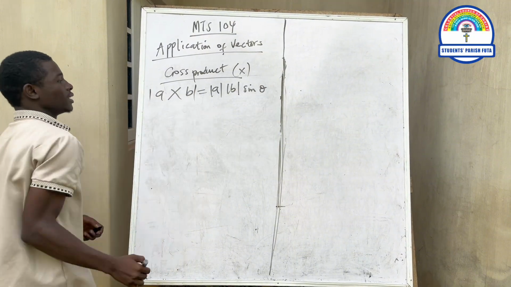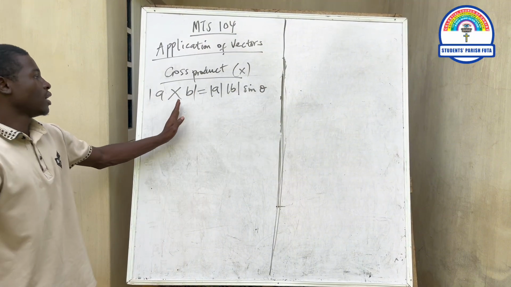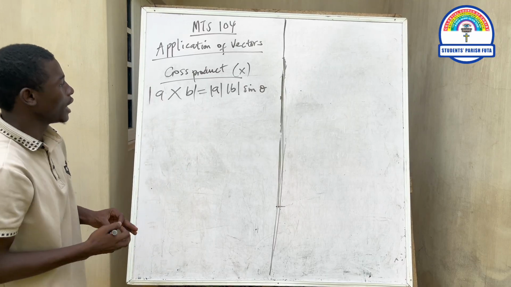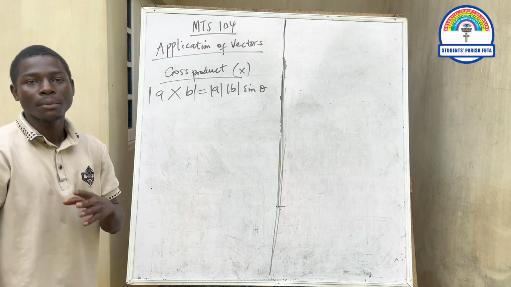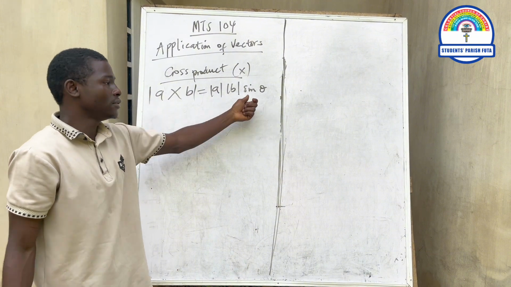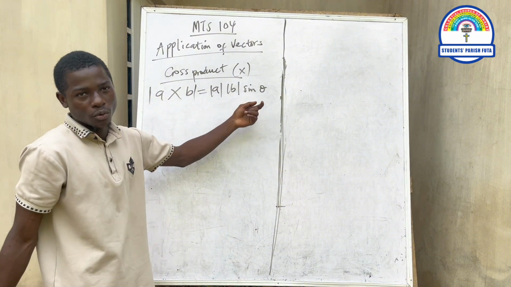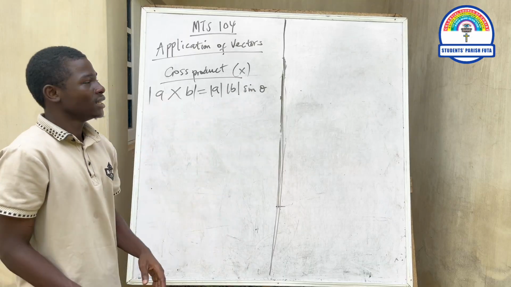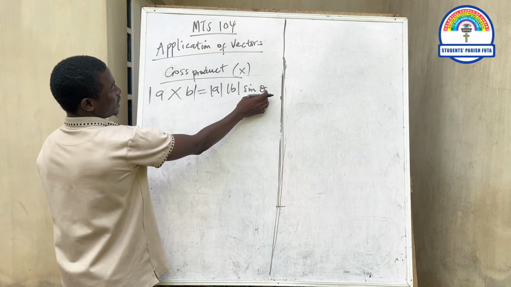But in its own sense, you have to have its modulus. So this is the law, and everything we said for scalar products still applies here. Meaning there is a time where you can get if they are parallel, you can get if they are perpendicular, but this is the law. If they are parallel, the angle between them is 0.